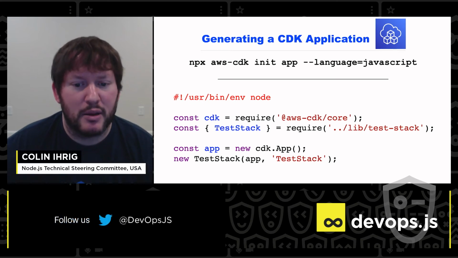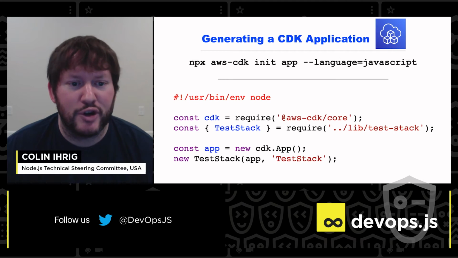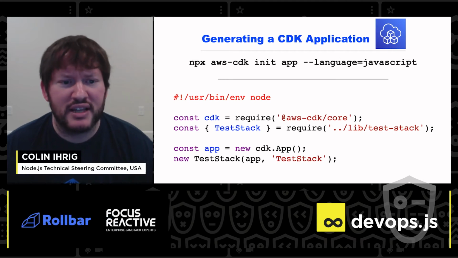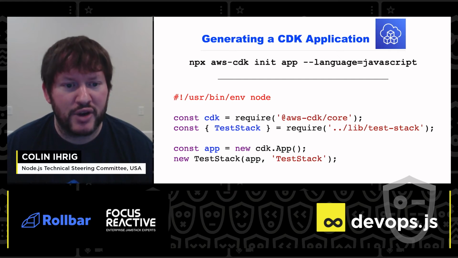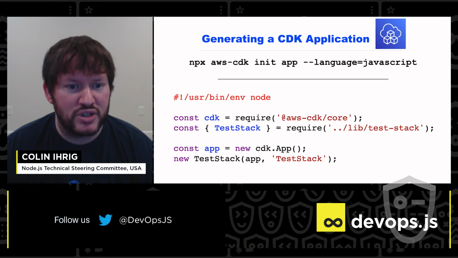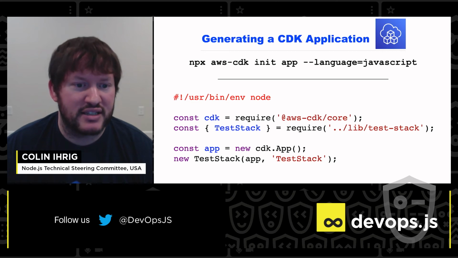So this creates a bin folder, and so you can actually run this file directly. You can see the little shebang at the top of the code here that most Node binaries include. So what this does is it imports a test stack that was also generated for you, instantiates your application with the new cdk.App constructor, and then it just creates a new test stack.